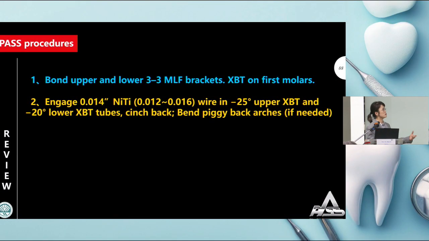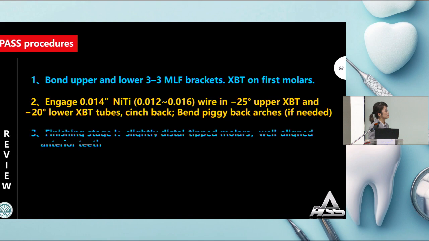First, we bond upper and lower 3-3 brackets and the tubes on the 6th. We can engage a 14 nitinol, or we can choose a 12 or a 16 nitinol in the tip-back tube, the minus 25 in the upper or 20 in the lower tip-back tube, then we cinch back.